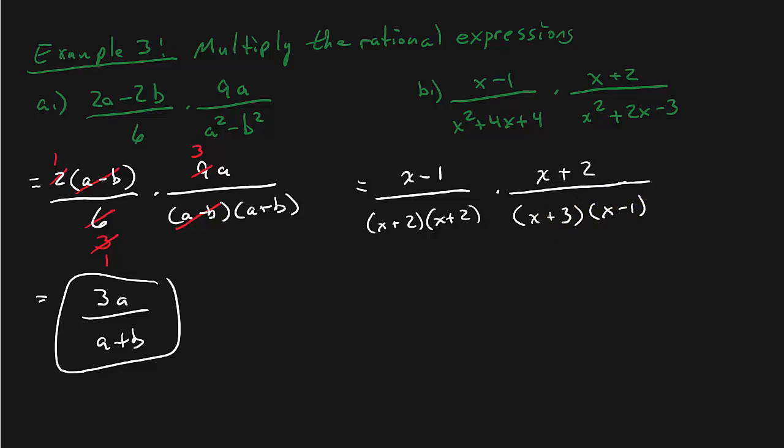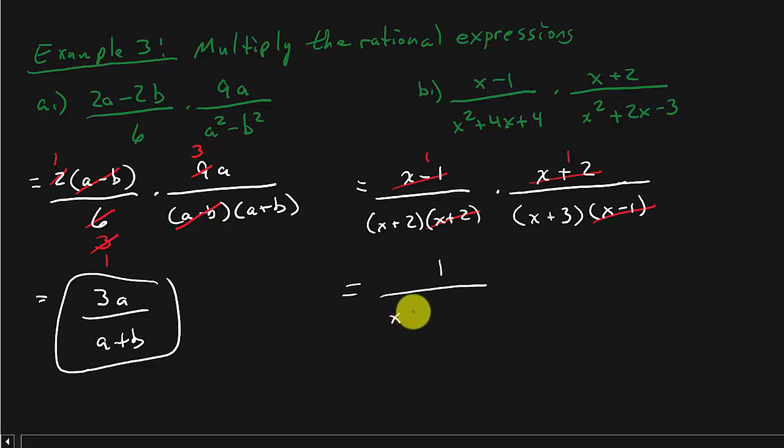Then remember, anything in the numerator can be canceled with anything in the denominator. So we've got an x minus 1 that cancels, and we've got an x plus 2 that cancels. And so we're left with, well, let me go ahead and write it. That's a 1 and a 1 there. So that's going to be 1 over x plus 2 times x plus 3.